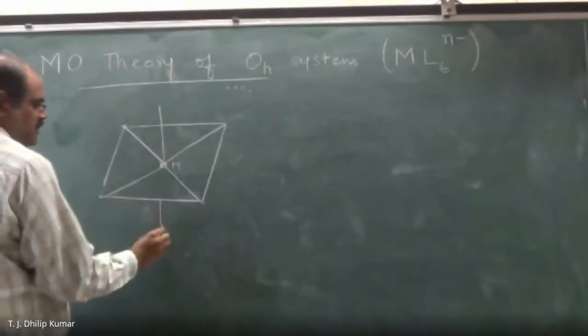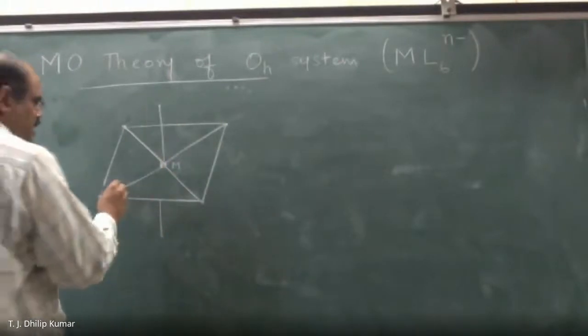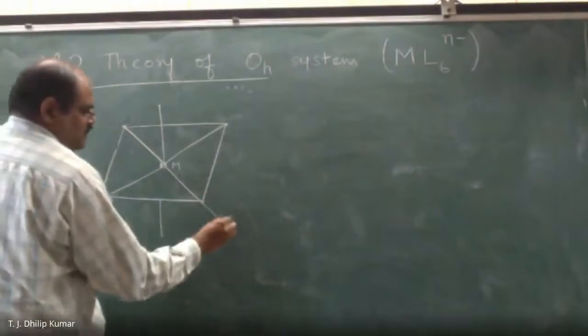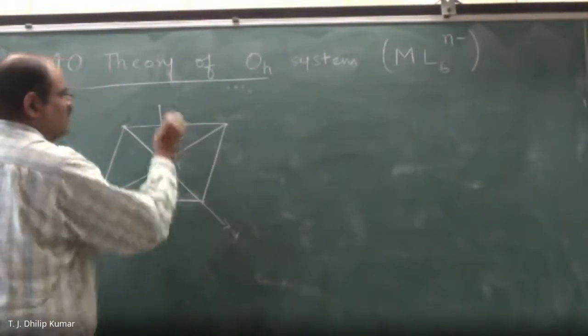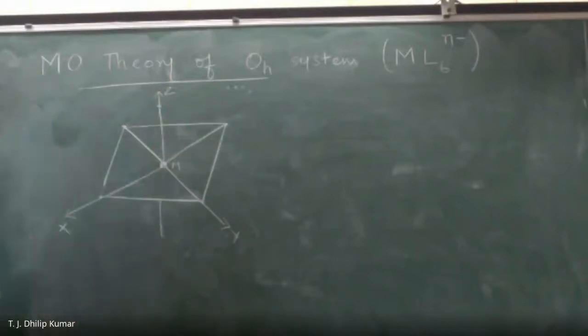We can consider 6 ligands are there. Let's take the directions: this is the x-axis, y-axis, and you can say this is the z-axis. Okay, considering it's a 3-dimensional representation.